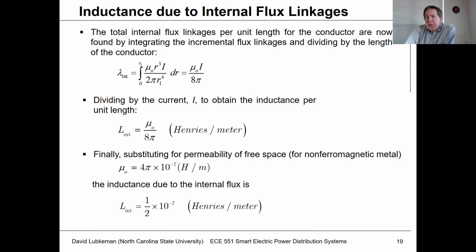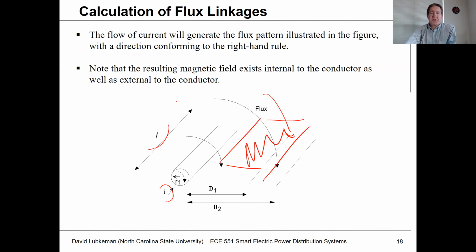There are going to be two different types of inductance in this case. There's inductance associated with the flux inside the conductor, and another term associated with the flux flowing outside.